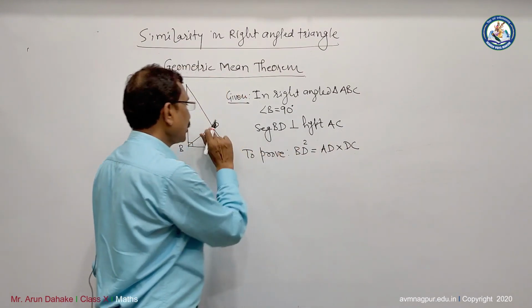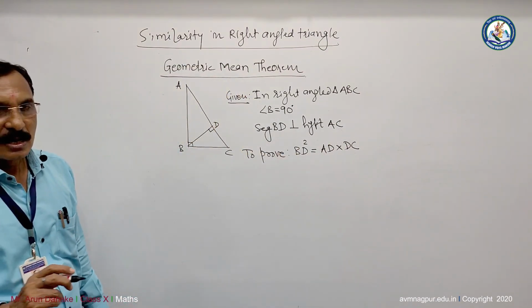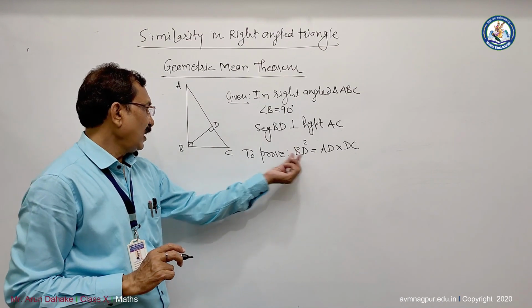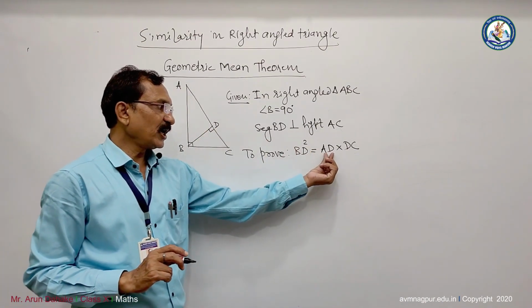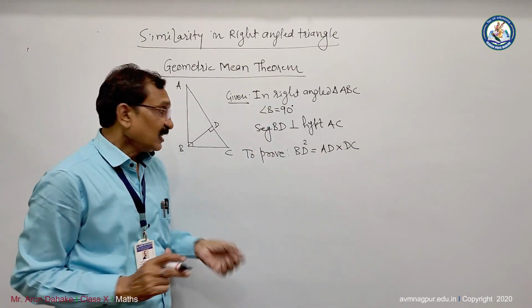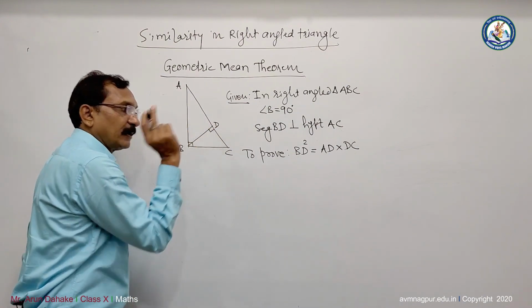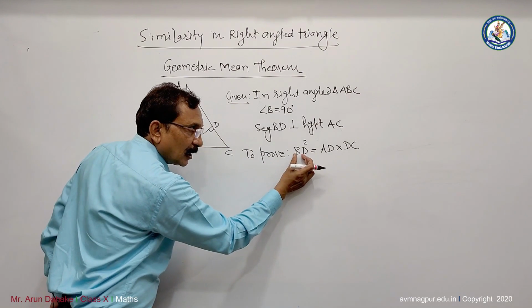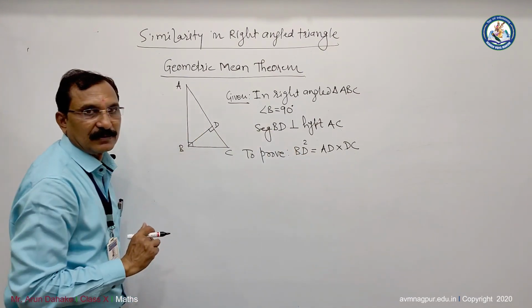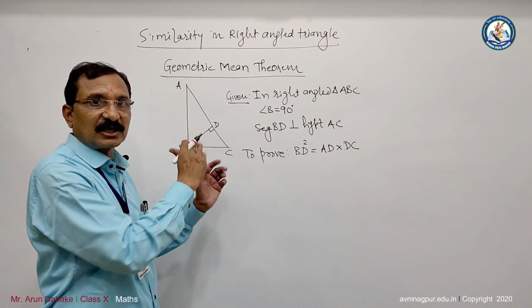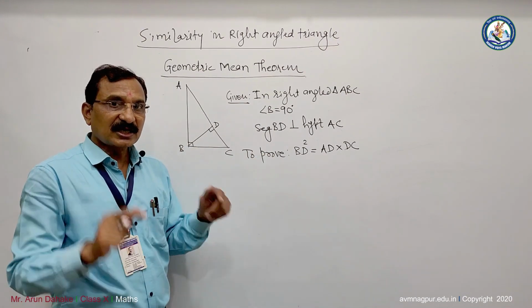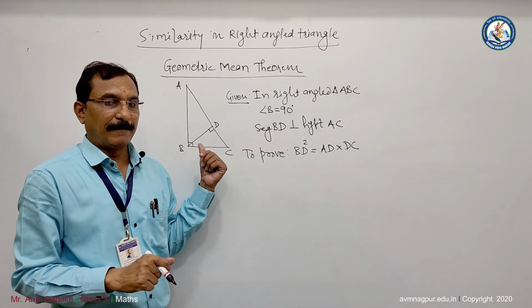This is a very important result. BD square is equal to AD into DC. This segment BD is called the geometric mean. This is the definition of geometric mean.